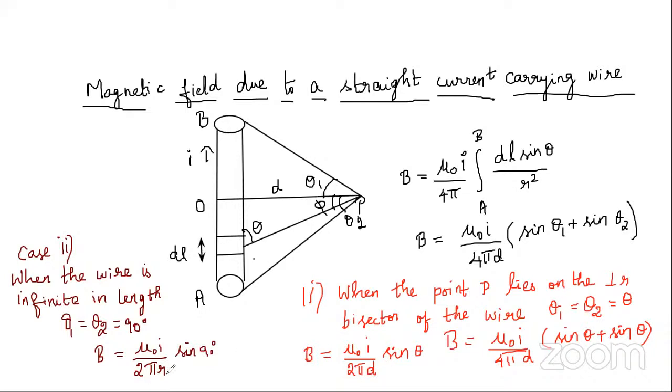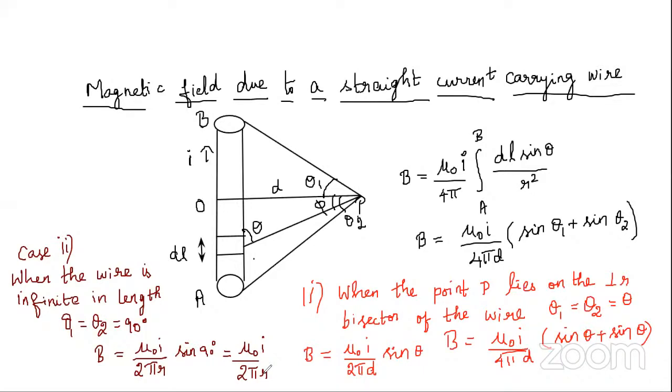It is not a major change. Sine 90 is equal to 1, so B equals mu naught I by 2 pi r. For an infinite wire, you have to use this equation.